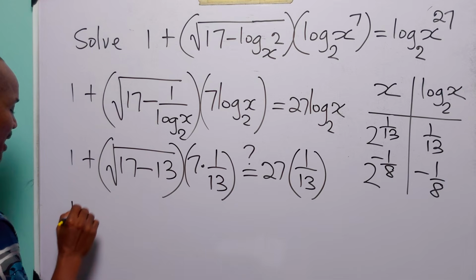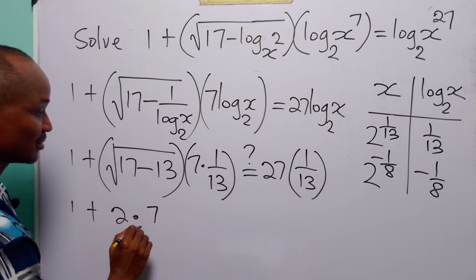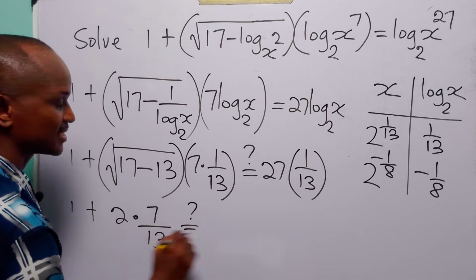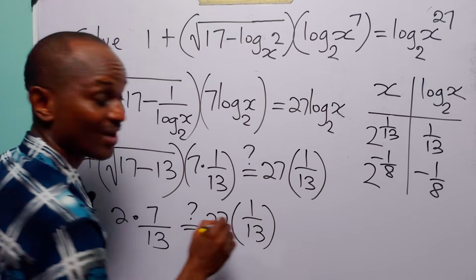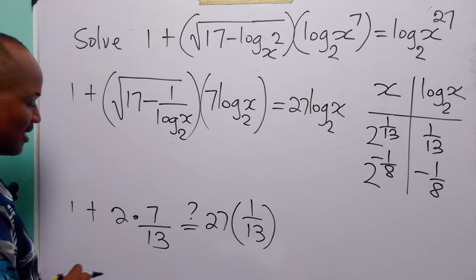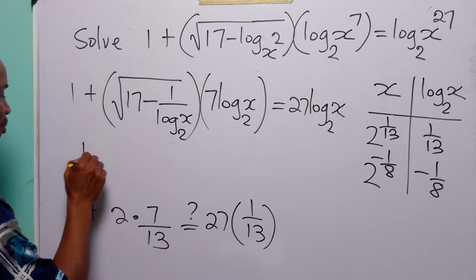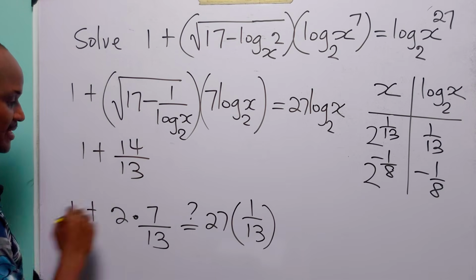So here we have 1 plus 2 times 7 over 13. Is this equal to 27 times 1 over 13? Here we have 2 times 7, which is 14. So this is 1 plus 14 over 13.